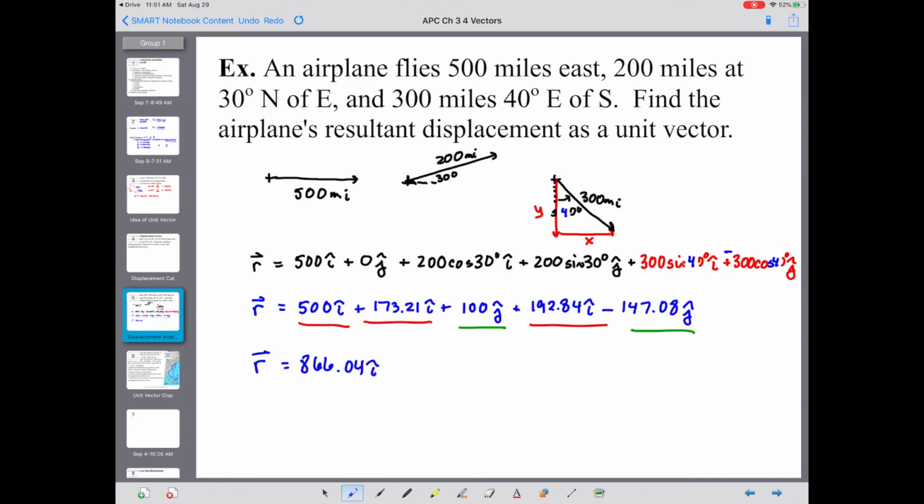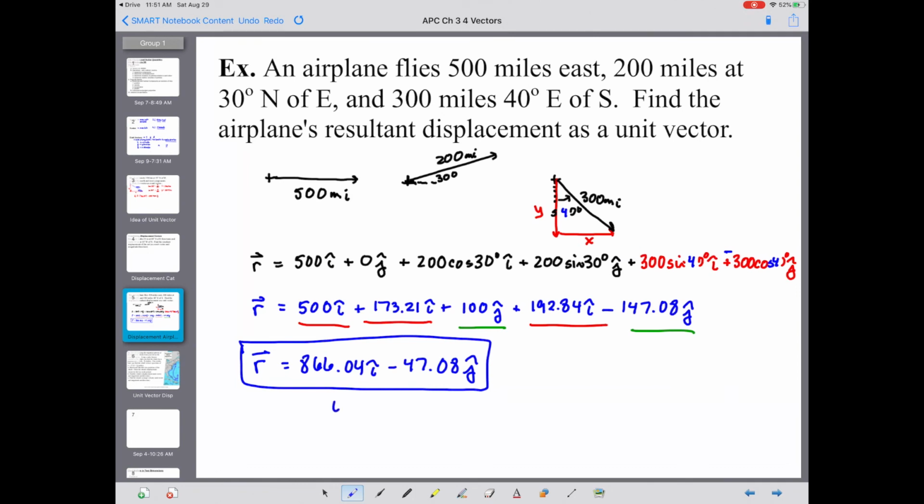When we combine the j's, negative 47.08j. That is our answer as a unit vector because it describes both the magnitude in the x and the y, and with the i's and the j's, it describes the direction.